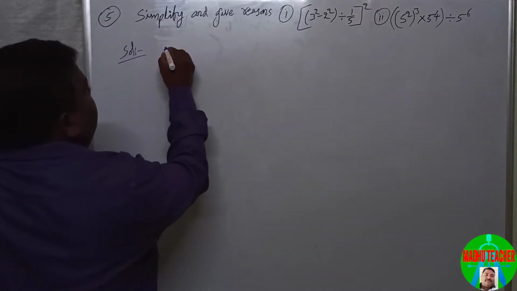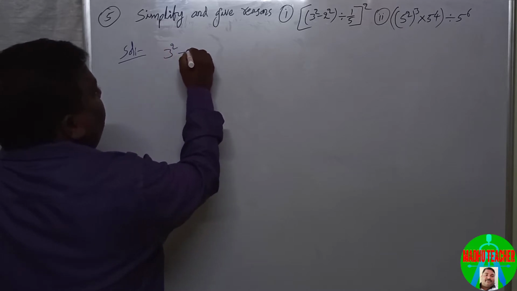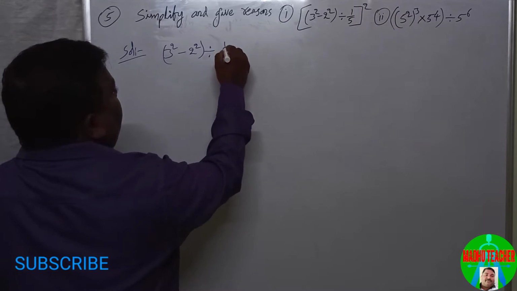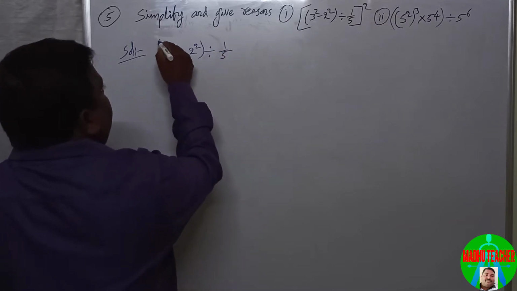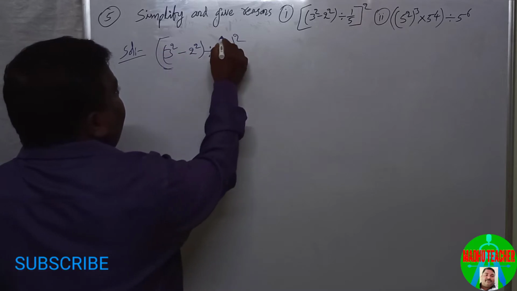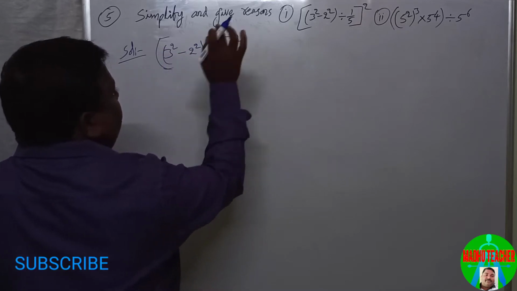So that is 3 to the power of 2 minus 2 to the power of 2 divided by 1 by 5 whole to the power of 2. Okay, next.